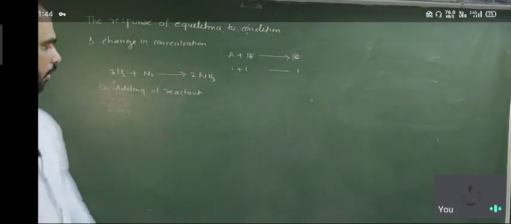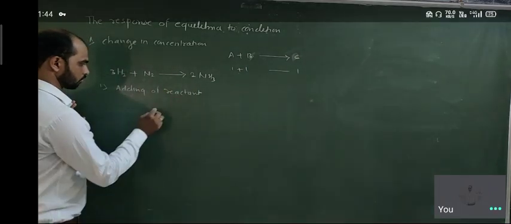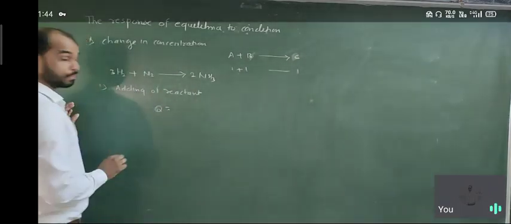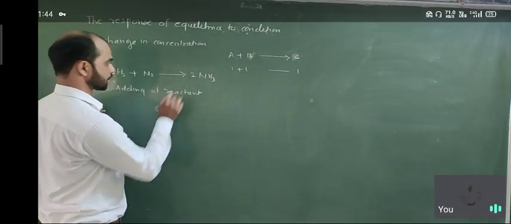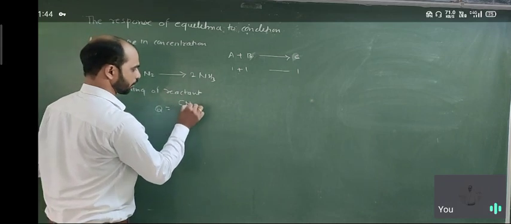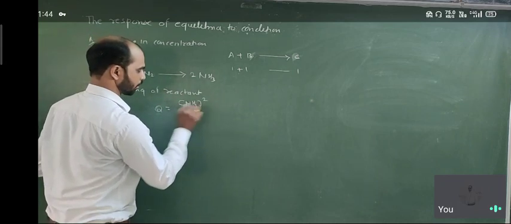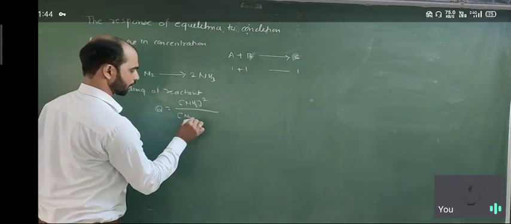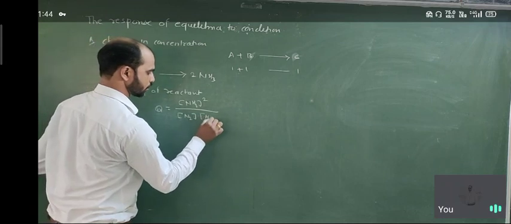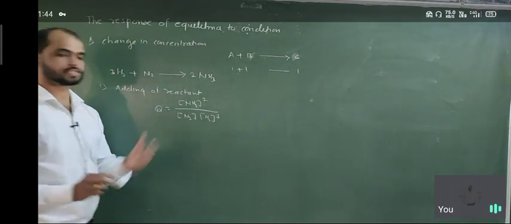So here, according to the equilibrium constant, Q is equal to the concentration of NH3 upon the concentration of N2 and H2. We already have this.